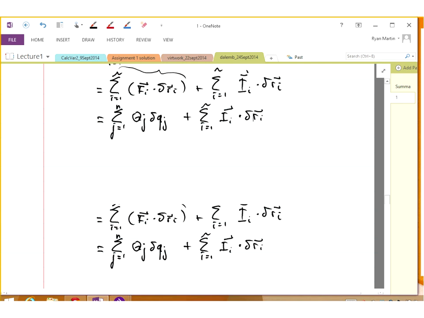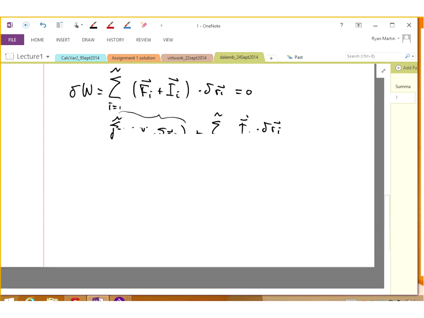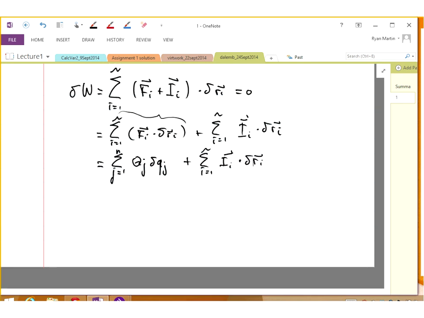So this term here is going to be a little bit more annoying to work with. So for the next hour, pretty much, we're going to work on the second term in this equation. And it's not going to be as easy to convert this.